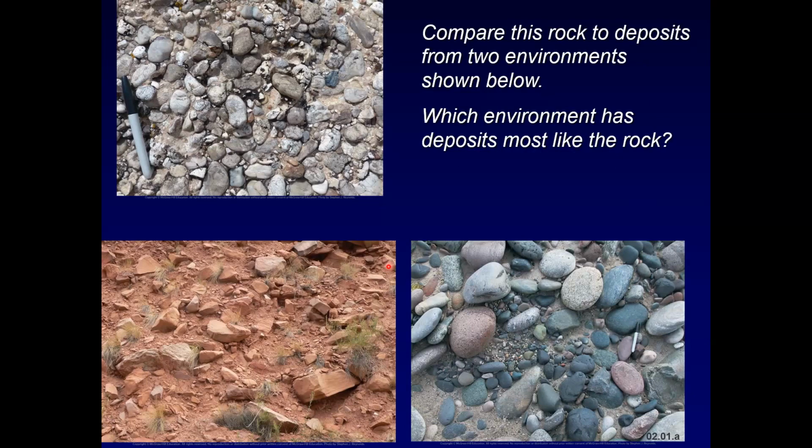We can compare this to deposits from the two environments below. The sediment here contains angular pieces. The sediment on the right contains rounded pieces. These probably formed in similar environments.